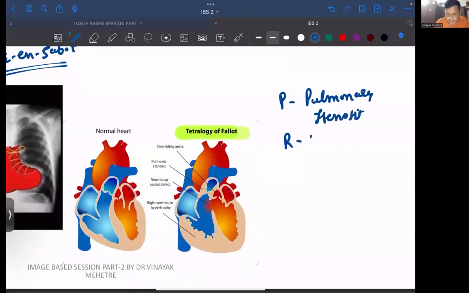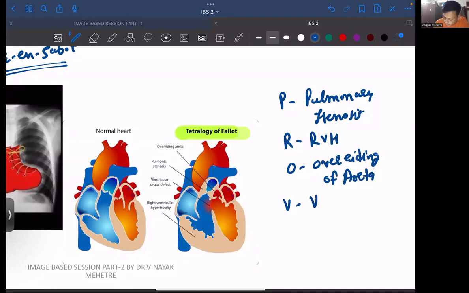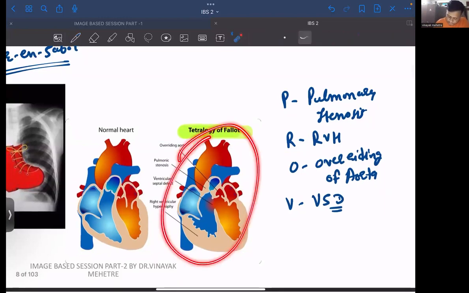R stands for right ventricular hypertrophy. O stands for overriding of aorta. And V stands for ventricular septal defect. So your heart will look like this.